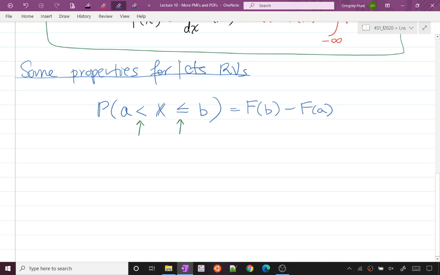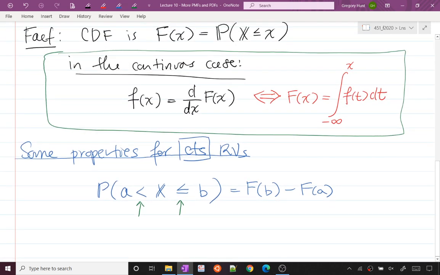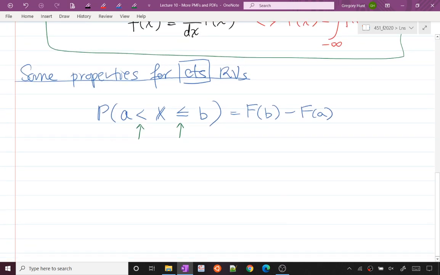Now, if we're talking about continuous random variables, we have a relationship between the CDF and the PDF. And so I can, if I want, write out what the CDF is, right? So the CDF at b is going to be the integral from negative infinity to b of f of t dt.